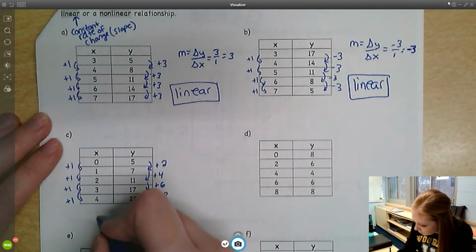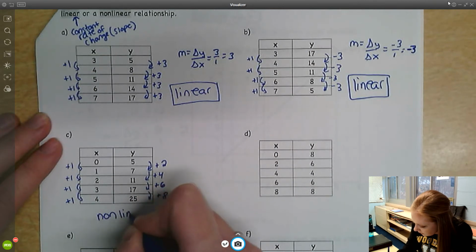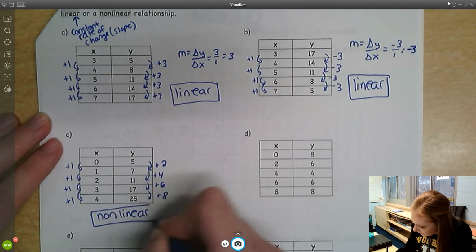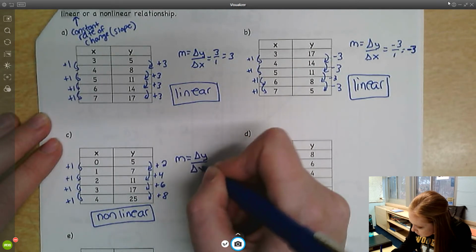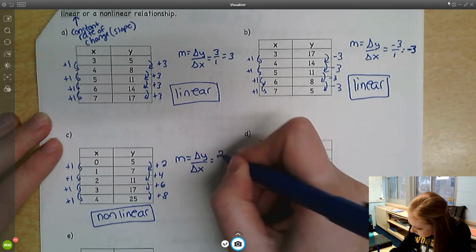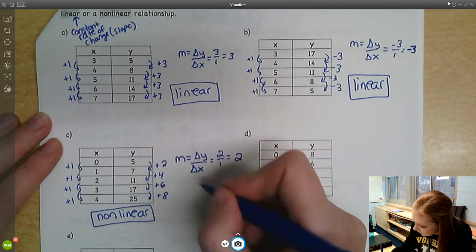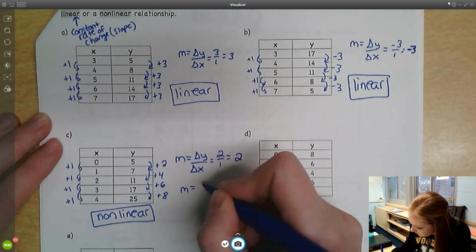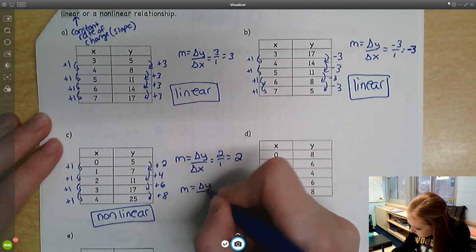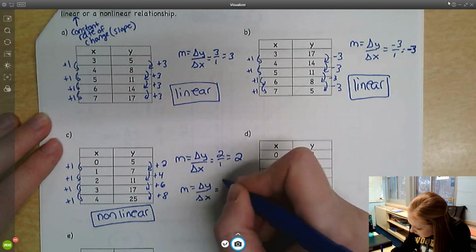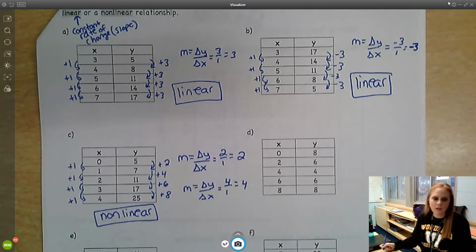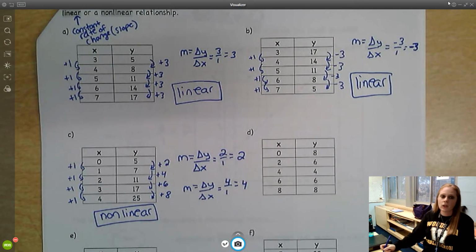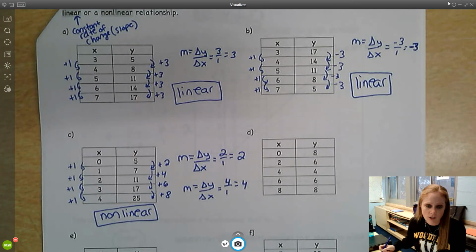So this one is going to be nonlinear, because if we find our rate of change, change in y over change in x, we have a rate of change of 2 in the first points. And then we have a different rate of change below that when we're comparing the next points. So the rate of change is not constant, so it's nonlinear.